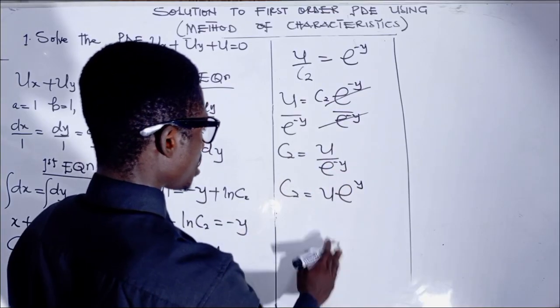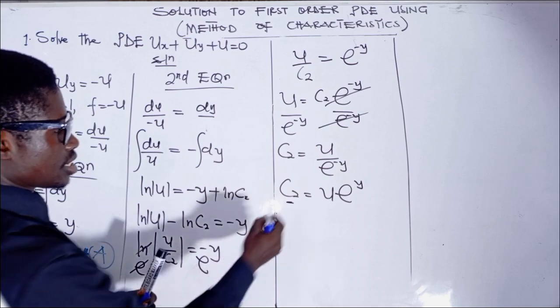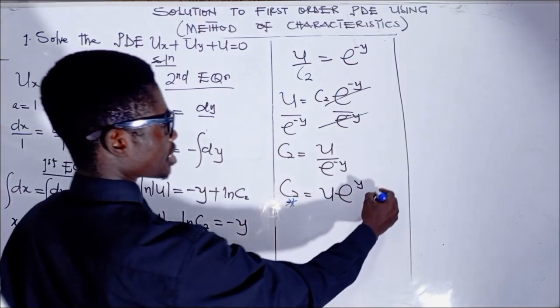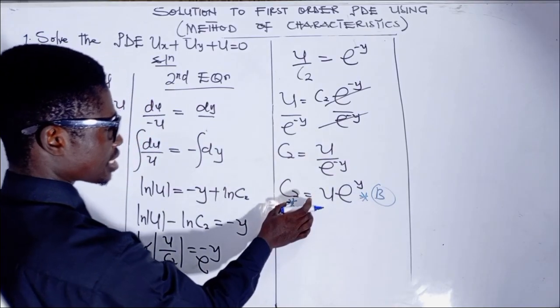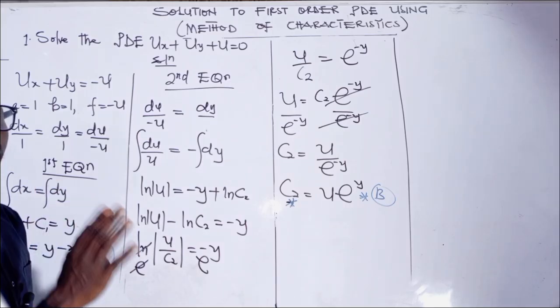Good. Now, once we have two constants, so this is one solution, this is also another solution. Let's call it b. So you can see that we have two solutions, this and then that, c1 and then c2. So what we are going to do is that we are going to merge them to form one solution.